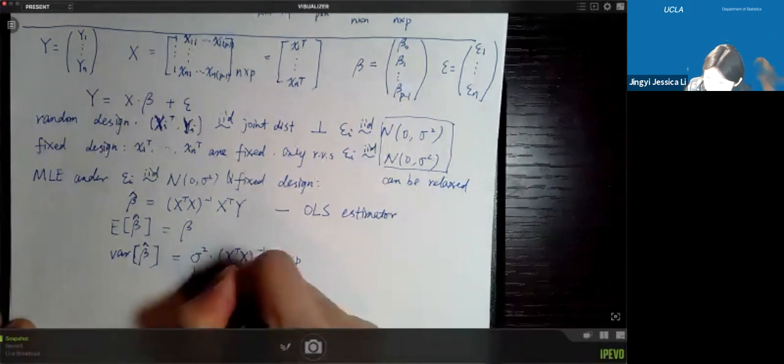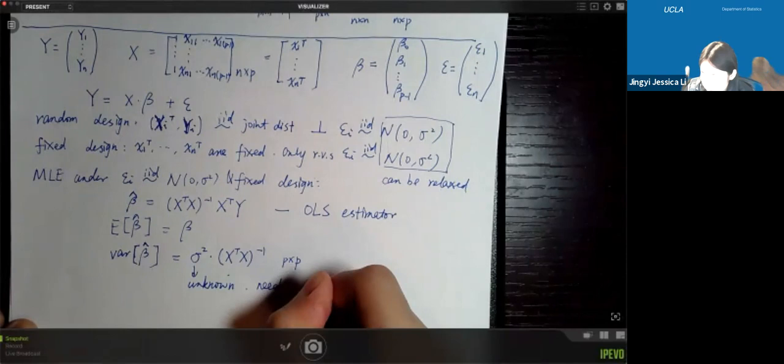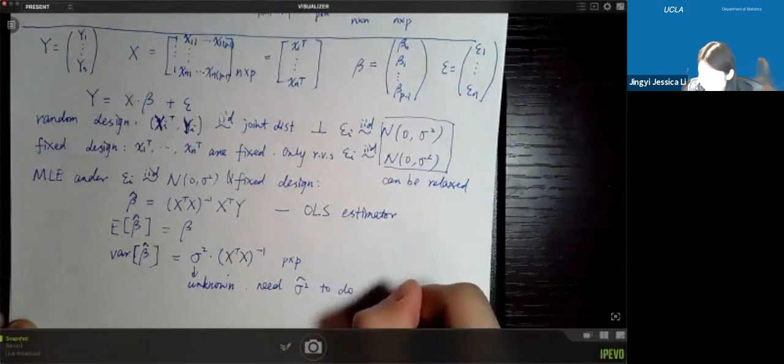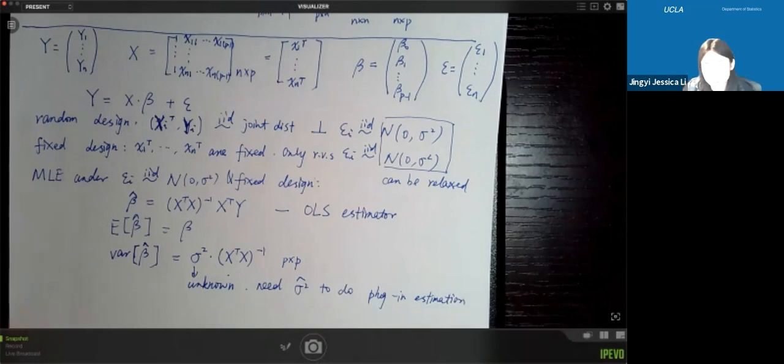So we need sigma square hat to do plugin estimation. And plugin is the most commonly used approach for estimation in statistics. That is, if the quantity you're interested in involves some unknown parameter, then plugin means that you replace that parameter by an estimator of that parameter, and that's it.